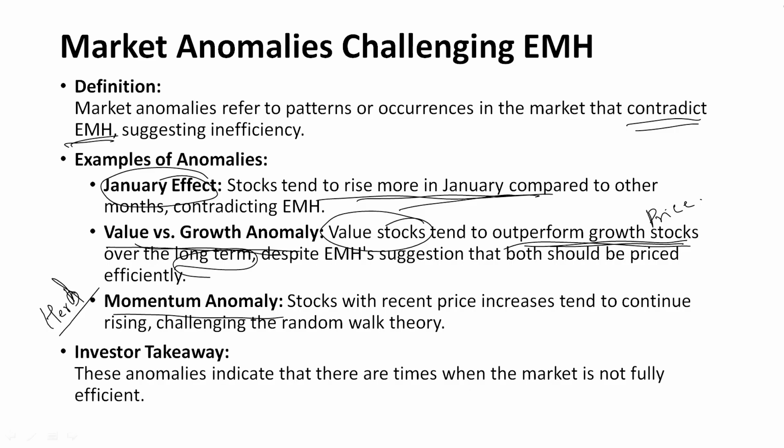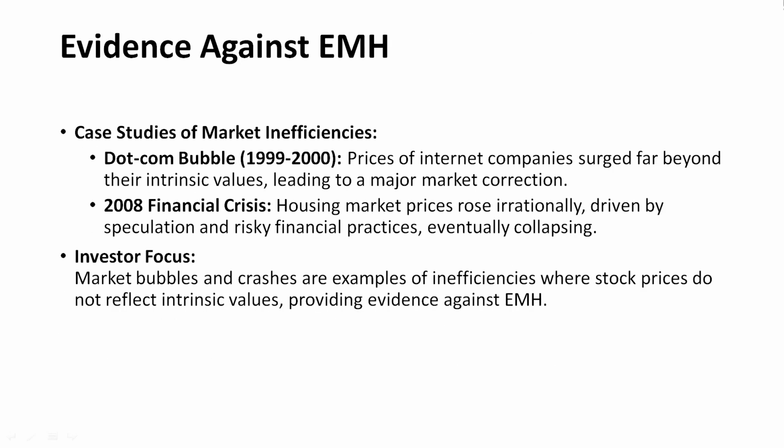The prices could be determined randomly. So that is something you should understand, and that's also against the efficient market hypothesis. The takeaway from this is that the market is not fully efficient at all points of time.